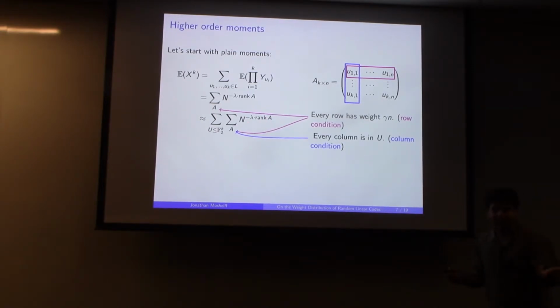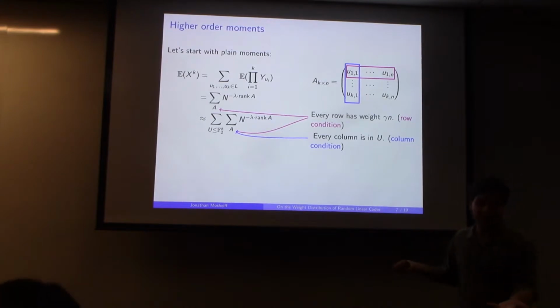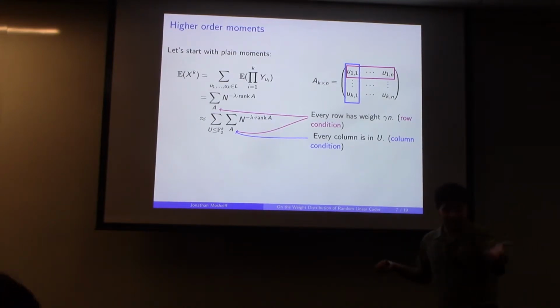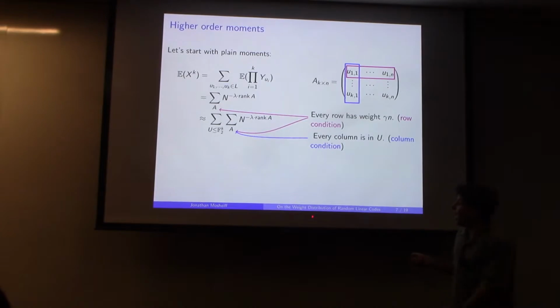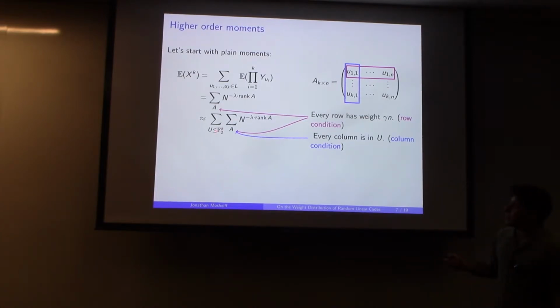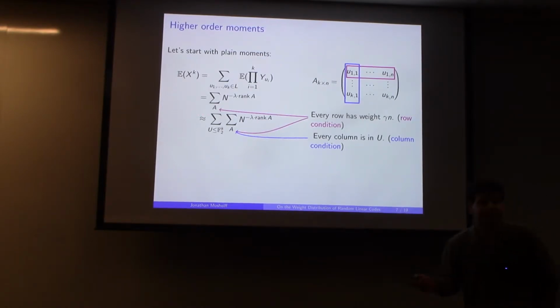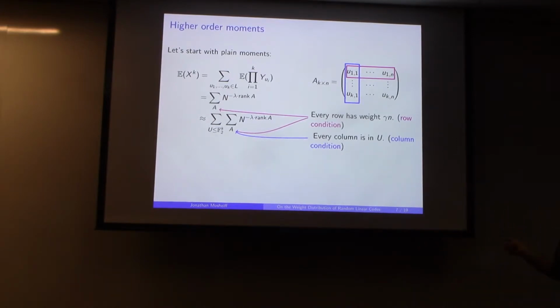Instead of asking for that, I'm just asking that each column belong to U. So in theory, when I want to sum over matrices whose column space is 0, 0, 0 and 1, 1, 1, I also count the zero matrix, whose column space is not this. It's actually counted twice, once for this U and once for the U which is all zeros. This is really negligible, but this is why the approximation symbol is here, okay? So it is still an upper bound, right?